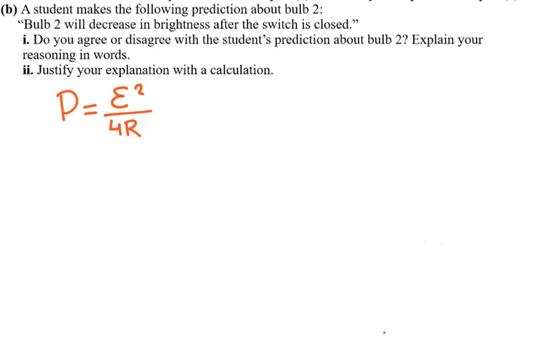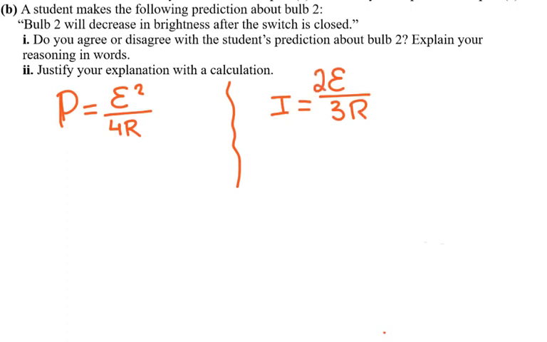After the other bulb is connected, we have the current for the second circuit. So the current for the second circuit is going to be equal to EMF over the total resistance, which is 3R over 2.